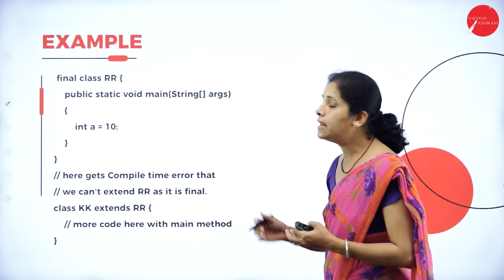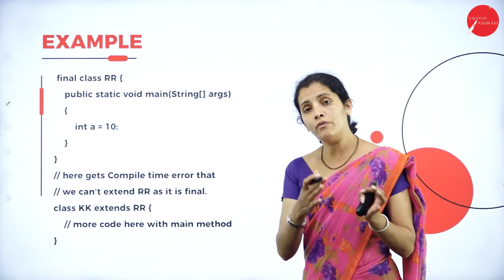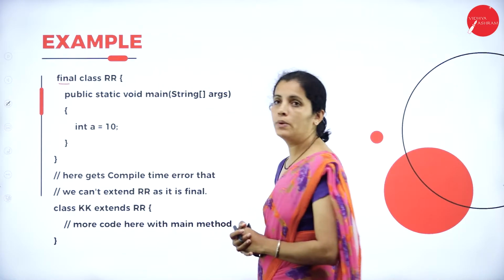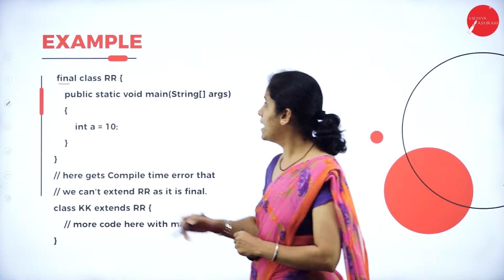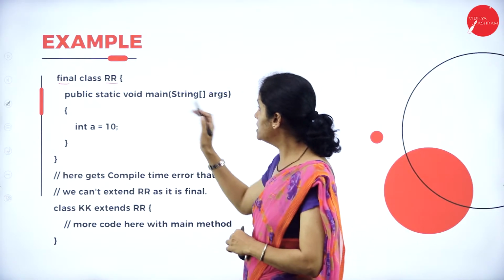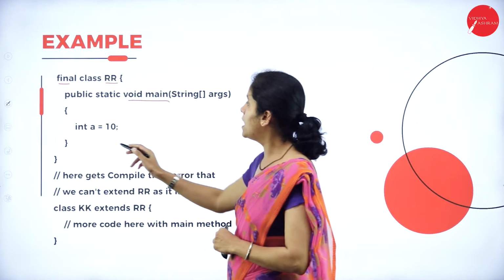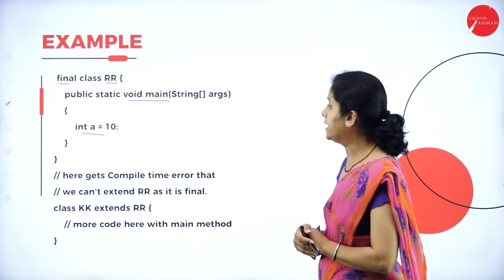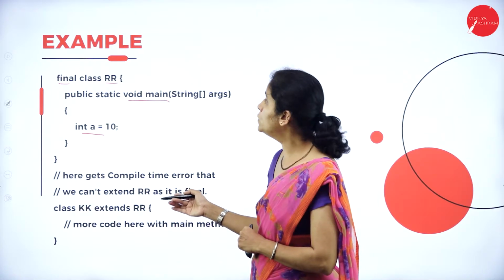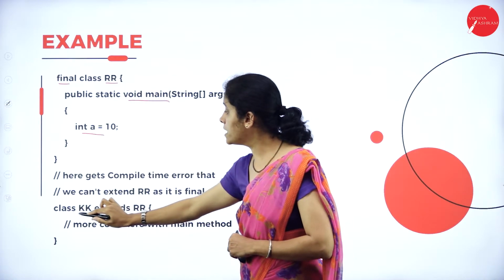Now this is a simple example to illustrate how I can use the final keyword with a class. I start with the keyword final and the class called RR. Inside this, I have the main function, and I assign A equal to 10. Now, I'm trying to inherit the features of RR in my KK.